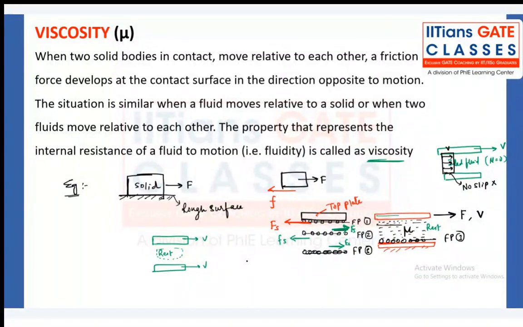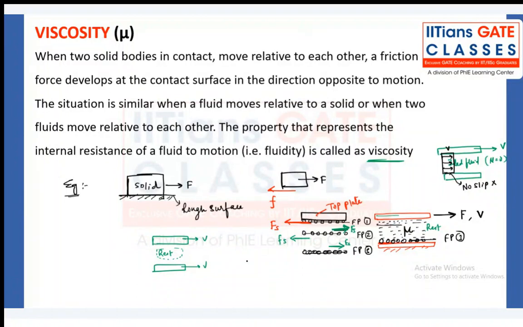These are the small things I discuss in the classes. One time in GATE 2022, they asked a question from this slide only. Not believing? Let me show you that question. Ideal fluid means a fluid with zero viscosity.